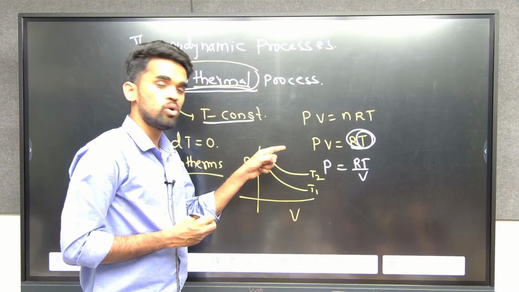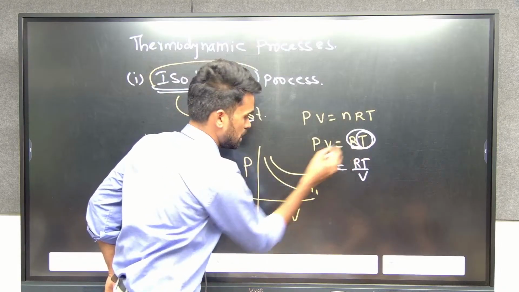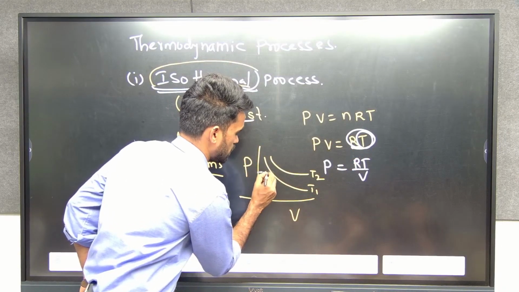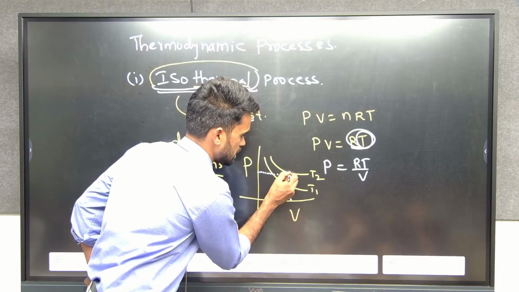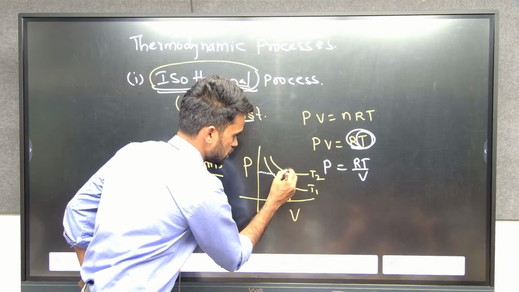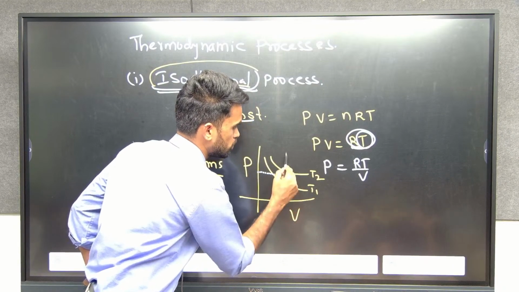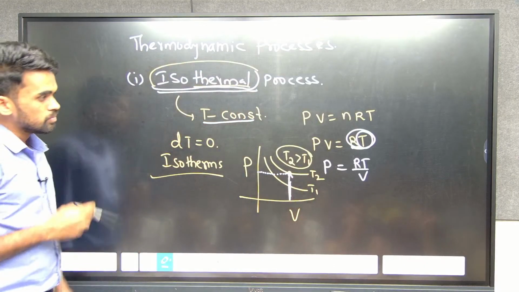The one which is above will be greater. For a particular value of pressure and volume, the curve at the top is considered greater. So T2 is greater than T1.